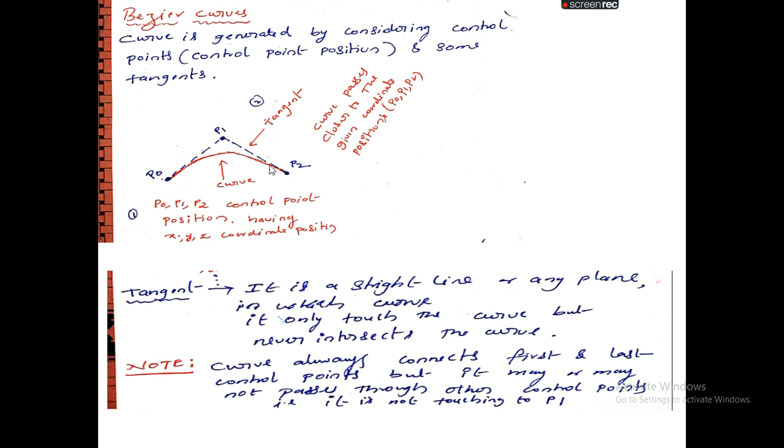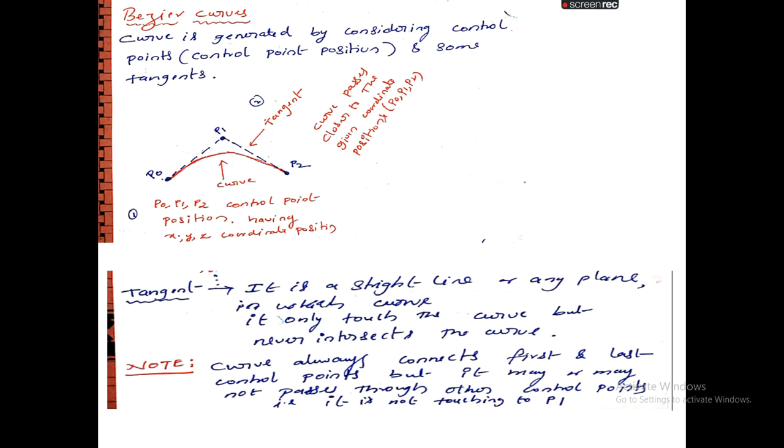Whenever you want to create a Bezier curve, you need a sequence of control points and a sequence of tangents. I drew two tangents here: P0 to P1 is one tangent, and P1 to P2 is one more tangent.